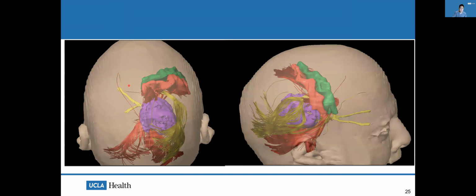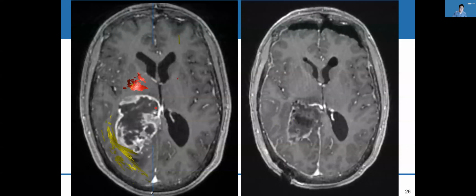So going back to this example, even though we have a sense of where these sensory fibers and motor fibers might be in this particular tumor, this gives us a good sense of where to enter. But as we get closer and closer to the edge of the tumor, as it gets close to sensory and motor fibers, we need to start doing stimulation mapping. And in this particular case, that's exactly what we did.